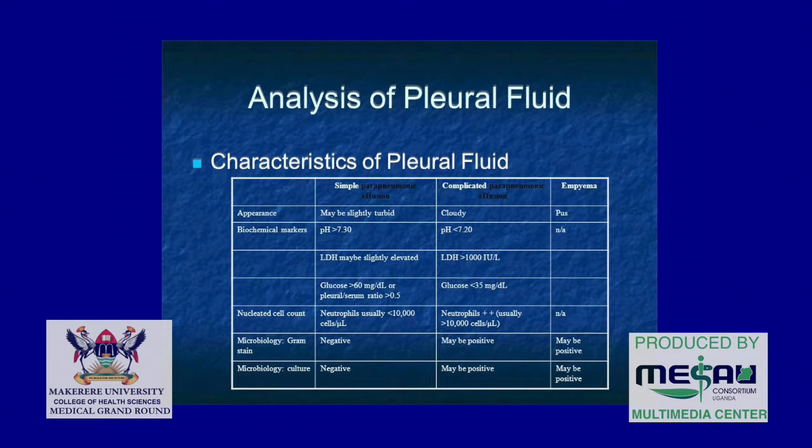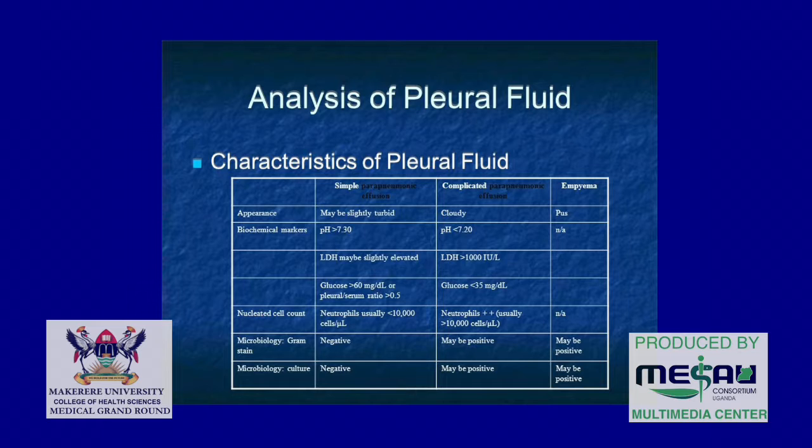So that is how you will characterize your pleural fluid: a simple parapneumonic effusion, complicated versus empyema. So I think you will go through it. For a simple parapneumonic effusion, your pH is greater than 7.3, and with more bacteria, your pH reduces. In other words, your pleural fluid becomes acidic, okay? And the bacteria consume all the glucose, so your glucose goes down, okay?